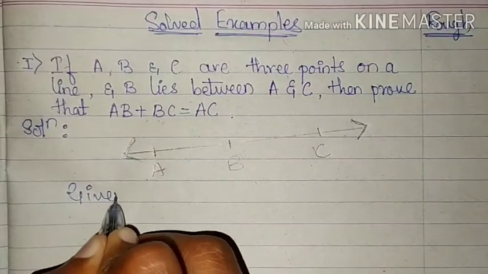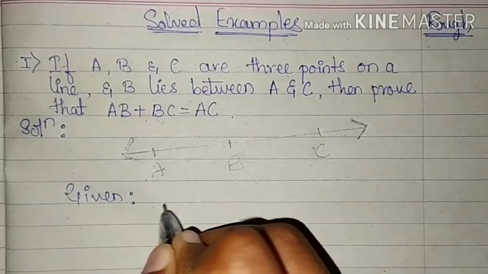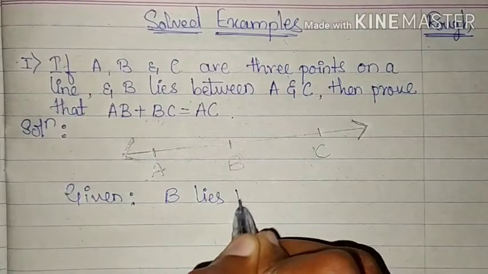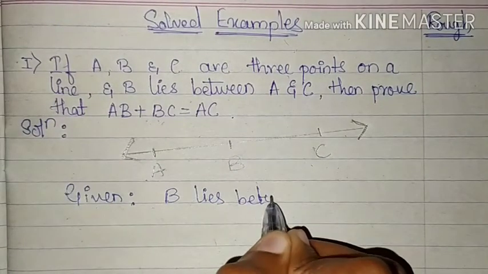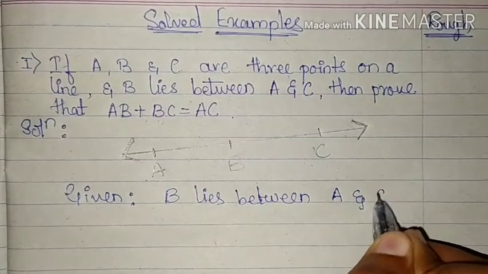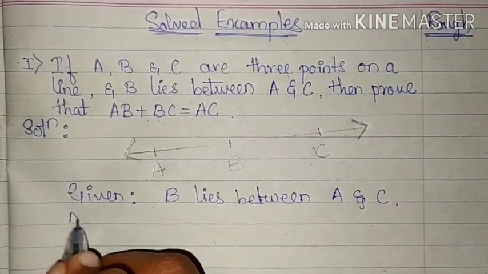Whenever writing the solution, we have to write given: B lies between A and C.